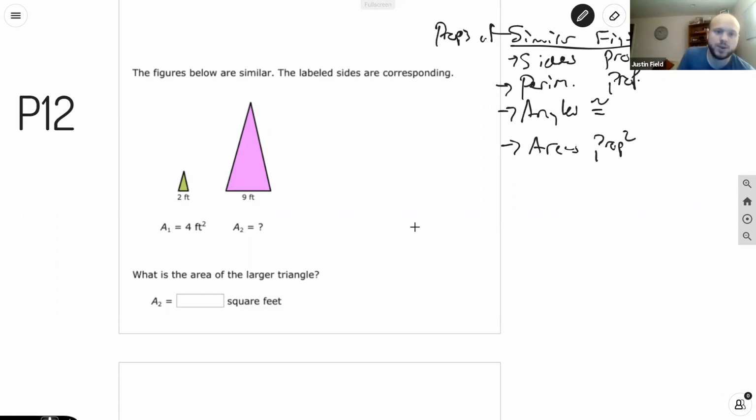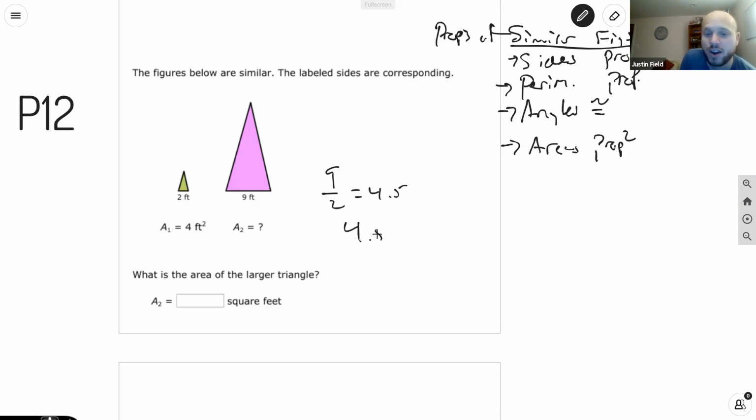Okay, so what does that look like? If the area of this is 4, and then the area of this, okay, so what we want to do is say that this triangle is 9/2. So it's bigger, right? So 9/2 is 4.5. This triangle is 4.5 times as big.